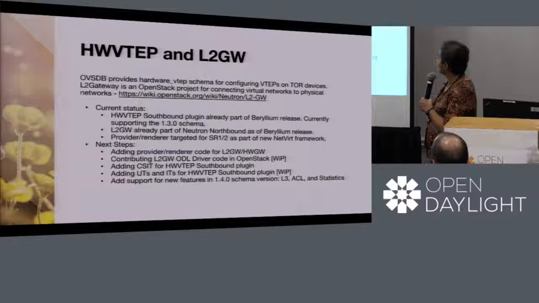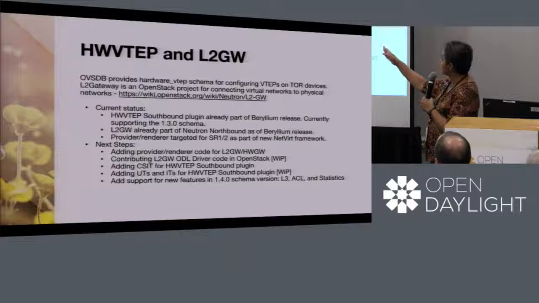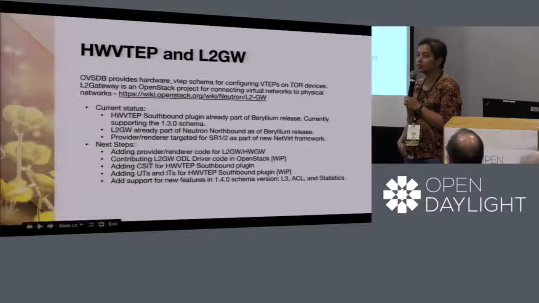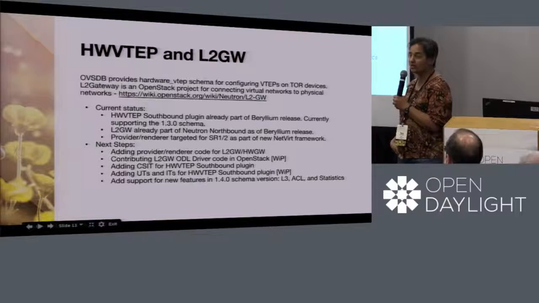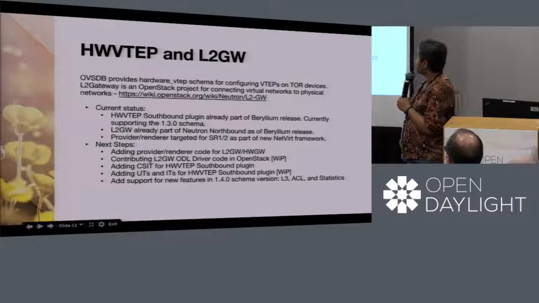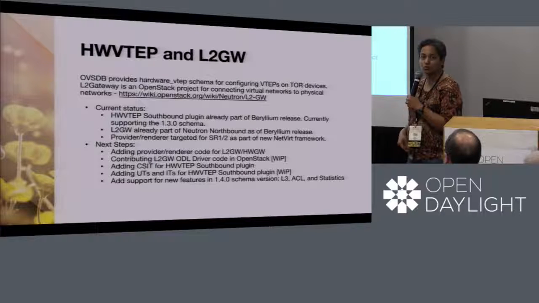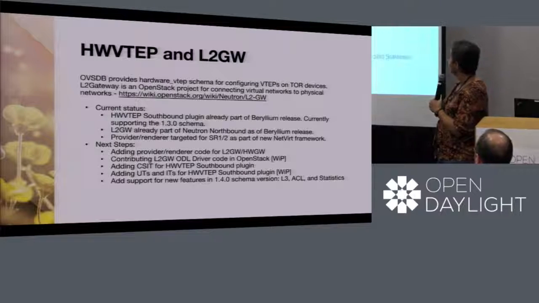The next steps would be to finish this logic for L2 gateway to plugin mapping and complete the L2 gateway ODL driver code. There are still some components there that are a work in progress. For the CSIT for the hardware VTEP southbound plugin, we need to expand some of the test cases, and UTs and ITs, of course.